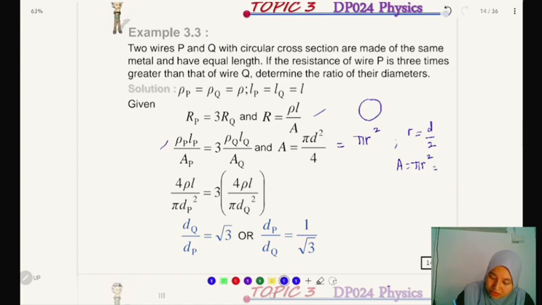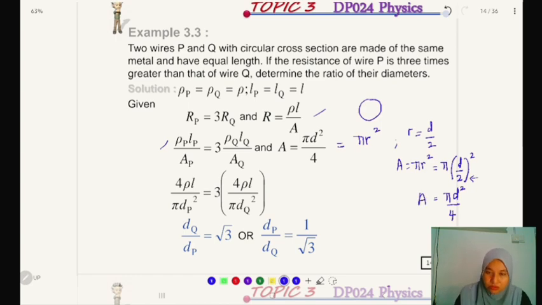So, masuk dekat sini, pi R adalah D bahagi 2, kuasa 2. So, kita akan dapat pi D kuasa 2 adalah D square. Per ni ada kuasa 2 juga. So, dia akan bahagi 4 lah.